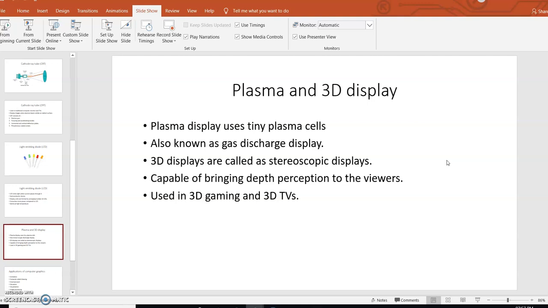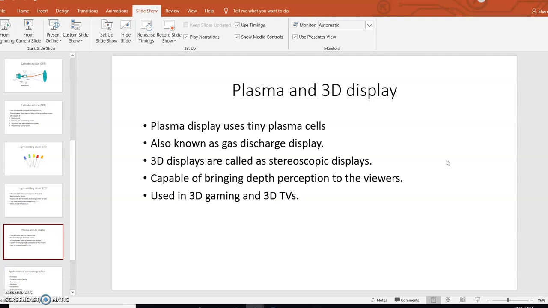Obviously, these television sets cost more as compared to LEDs and normal television sets. These are a little bit costlier display devices. Most normal people prefer LED or LCD monitors from the financial point of view.